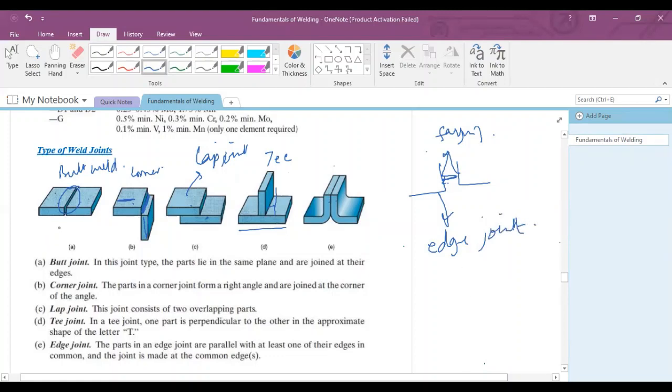Normally in practice, you can perform butt joint, corner joint, lap joint, T joint, and edge joint welding easily in the NED University manufacturing lab or fabrication lab. You can easily form all these five types of joints by using arc welding or fusion welding processes.